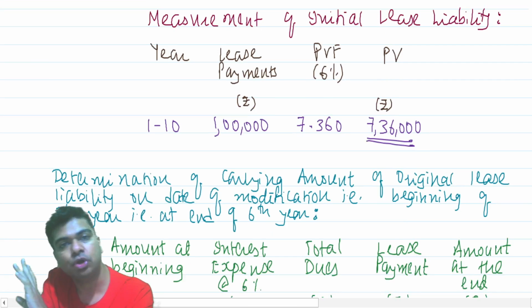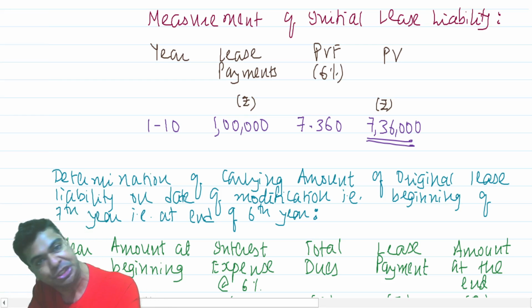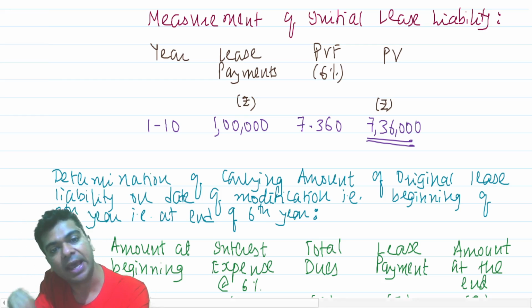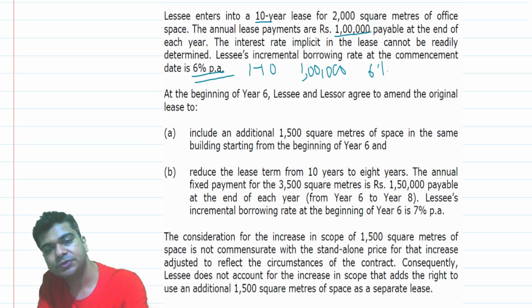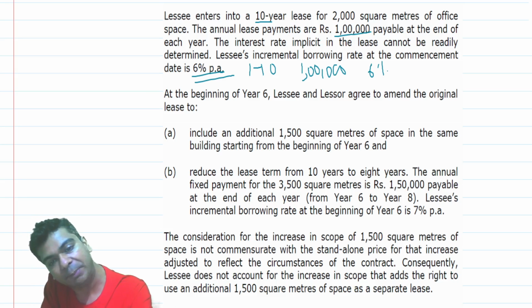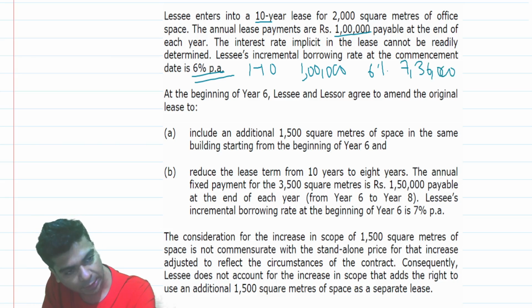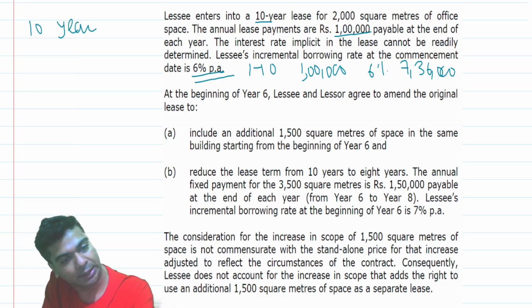So in this question also, your initial lease liability shall be 7,36,000. So from the earlier question, we are going to pick up 7,36,000. It is right now a 10-year lease.